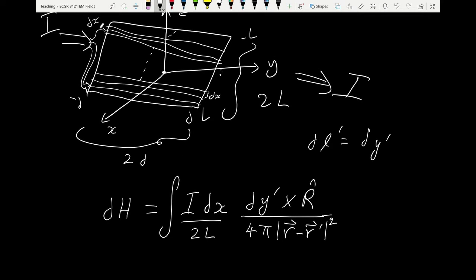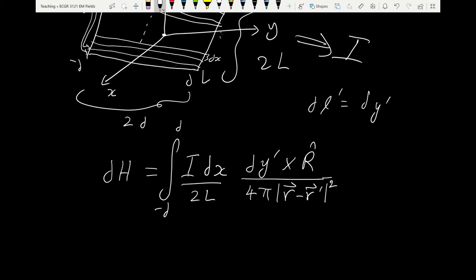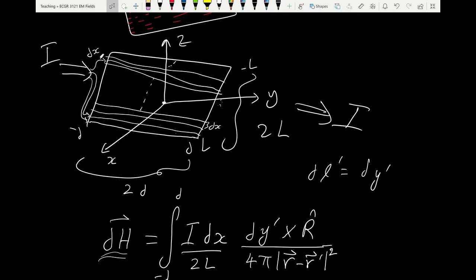The integral needs to be from minus d to d, right? So this is the field due to a single filament. And this is like a vector field, right? So this is the field due to one single filament here.